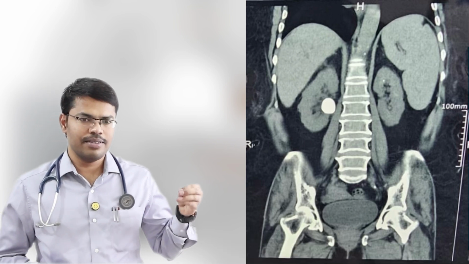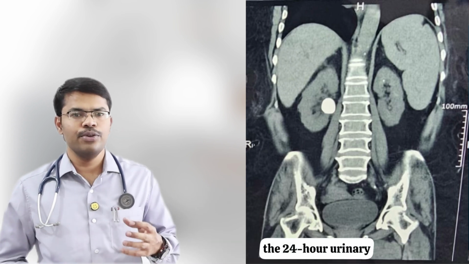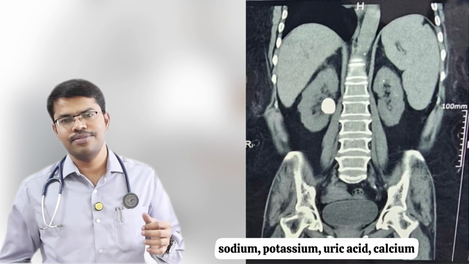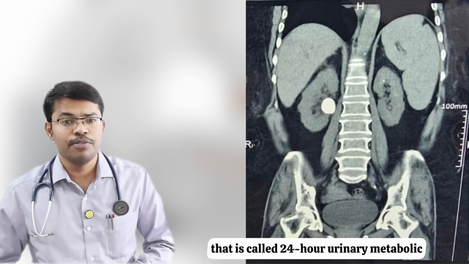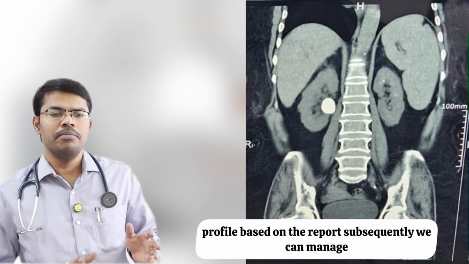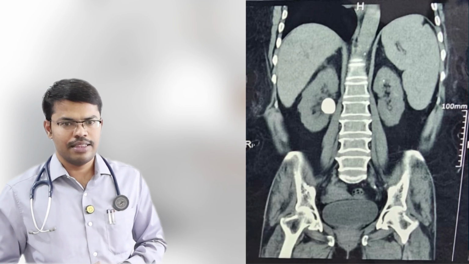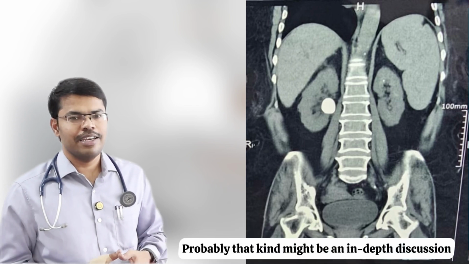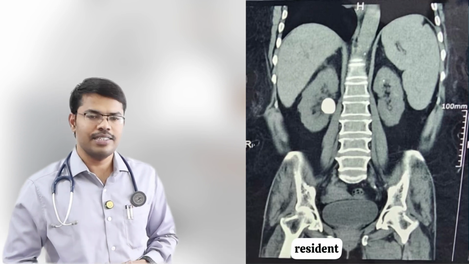And to be more specific, you might have to get 24-hour urinary sodium, potassium, uric acid, calcium, phosphorus values. That is called the 24-hour urinary metabolic profile. Based on the report, subsequently we can manage things to prevent further stone formation. Probably that kind of discussion might be an in-depth discussion for a final year DM resident.